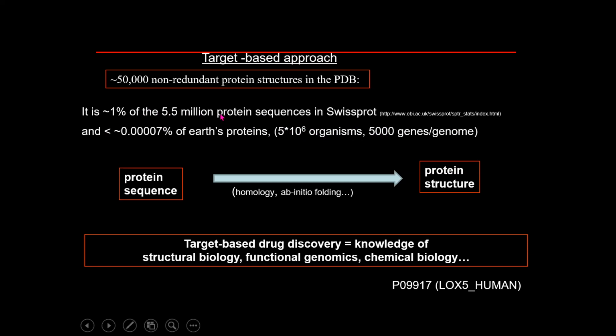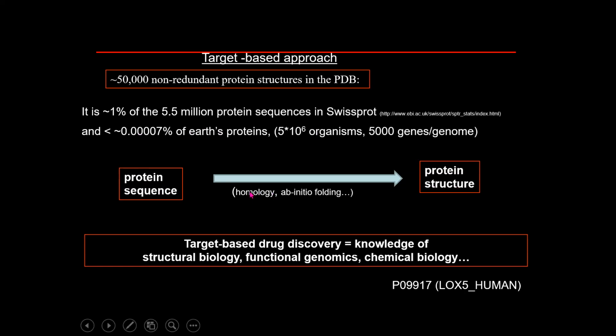The 5.5 million in SwissProt is very small when compared to 5 million times 5,000, that is 25,000 million possible proteins. So we still don't know so many proteins present on our earth. Now, for a protein sequence, I have to get the 3D structure.